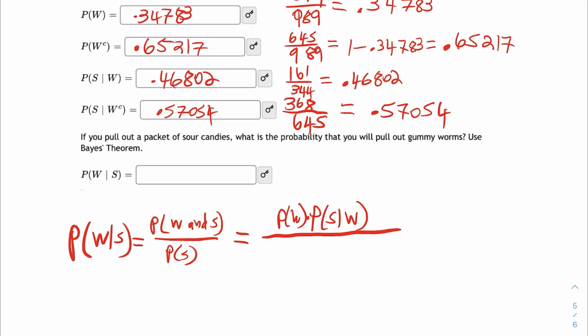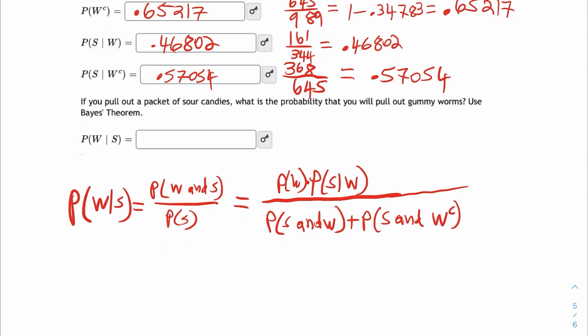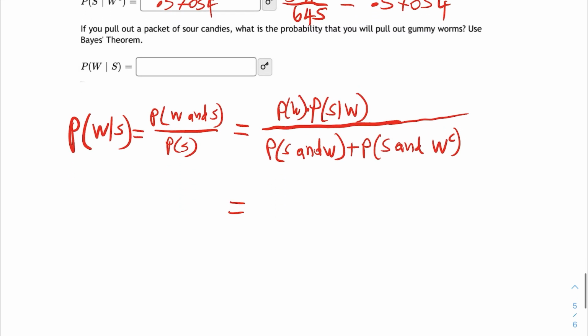In the denominator, we don't know the probability of S, but we can find the probability of S and W and add it to the probability of S and not W. When you add those two together, because W and not W are complements, you get the total probability of S. We can write those joint probabilities on the bottom also as conditionals.